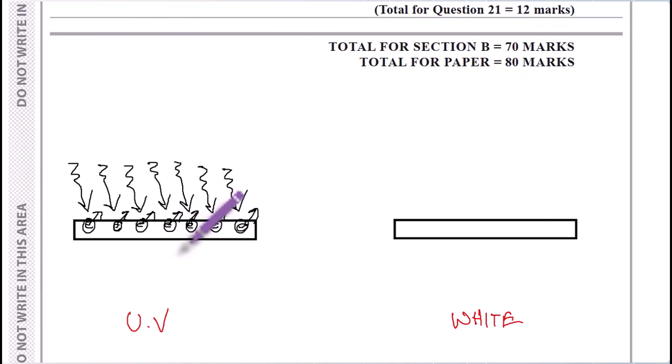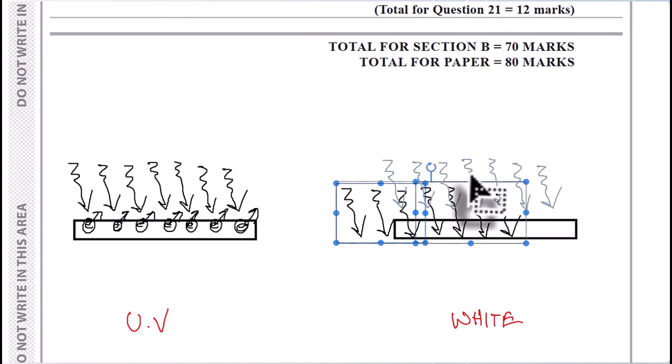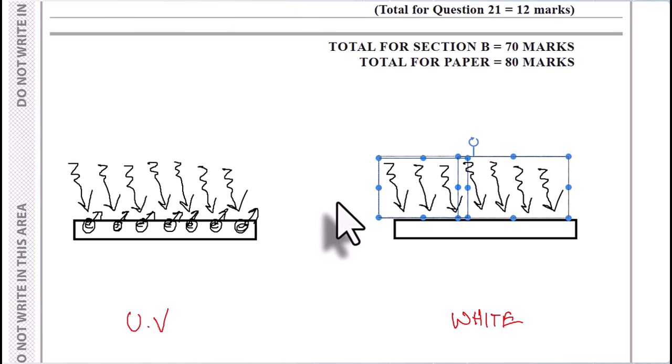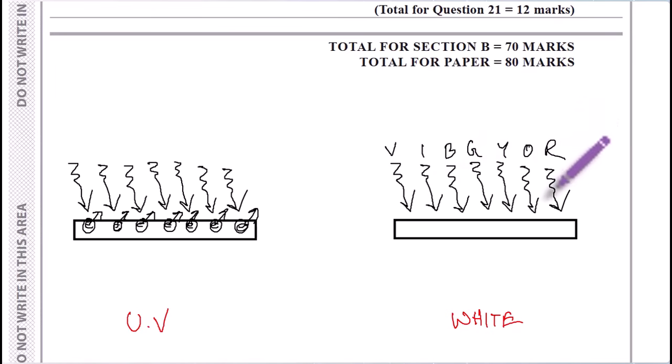Now, what do you know about white light? It consists of 7 different colors. Let me bring in these 7 photons, but this time this is for white, not UV. We all know white has a range of wavelengths, starting from violet, indigo, blue, green, yellow, orange, and red.